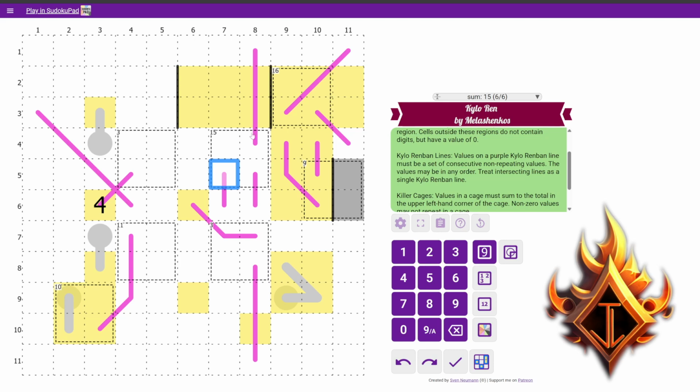This one can't be reached by either of those. It could be 0 though. They both can't be 0.